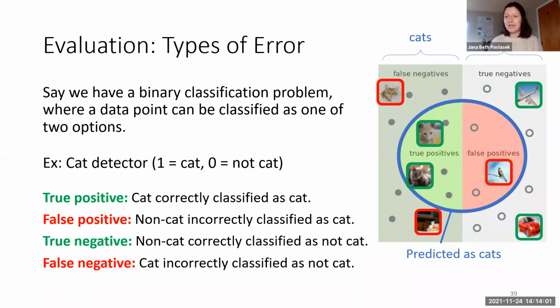They were not classified as cats, even though they should have been. So those are different types of errors that we can get. Our accuracy is basically all of these green ones summed together and divided by the total. But we can calculate a couple more things about our classification algorithm as well.